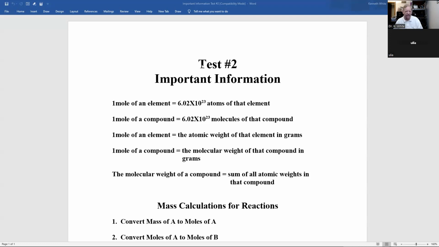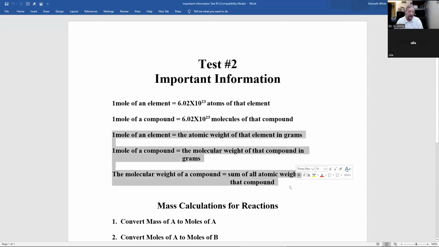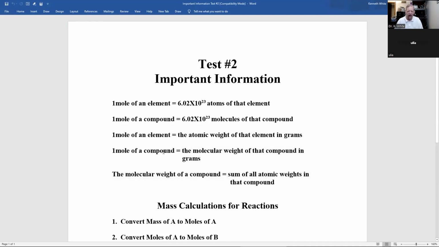Yesterday we were practicing these 3 concepts. Let's go back and look at this: 1 mole equals the molecular weight of that compound in grams, and the molecular weight of that compound is the sum of all atomic weights of that compound. And that reminds me, I better open up a periodic table too.